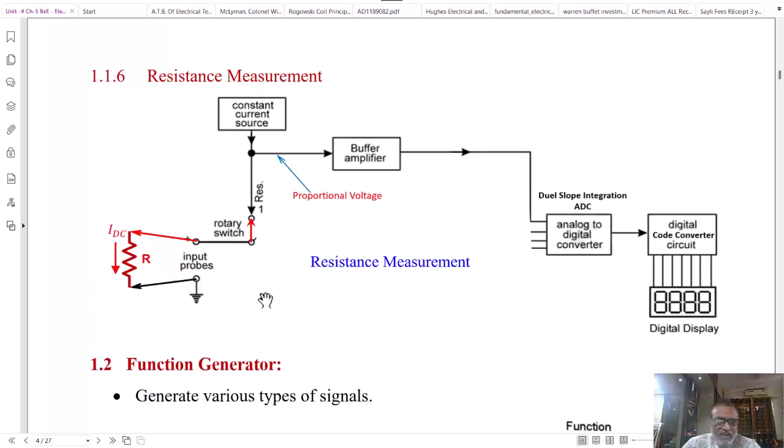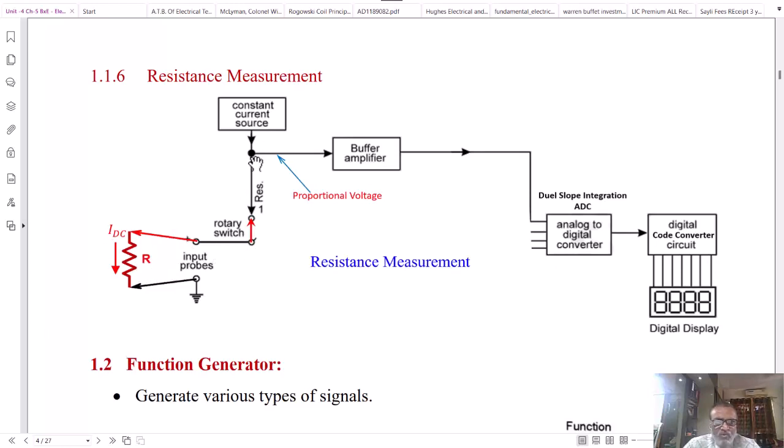That voltage is V equals IDC into R. For example, if R is 1 kilo ohm and IDC is 1 milliampere, then the voltage across the resistance is 1 milliampere into 1K, that is 1 volt.